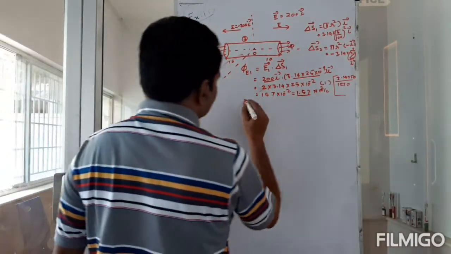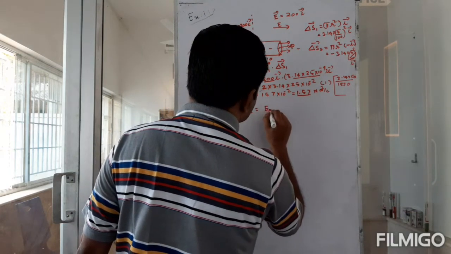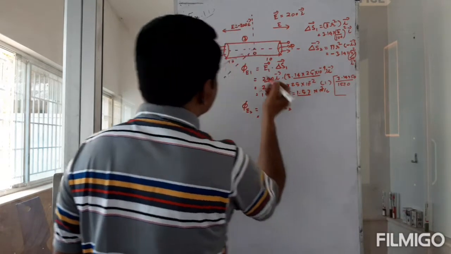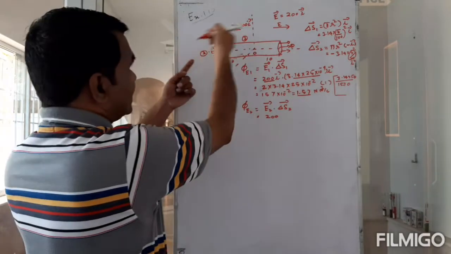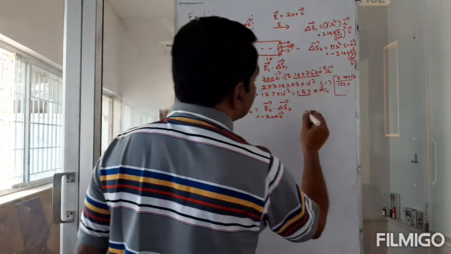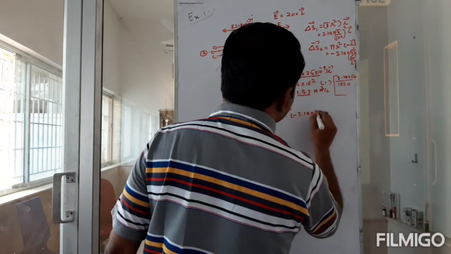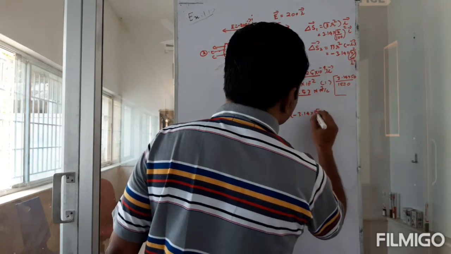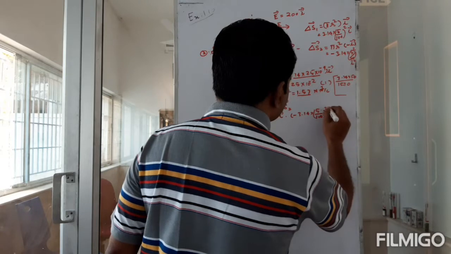And then what about phi E2? So phi E2 also equals E2 dot delta S2. So E2 is 200 in the negative I direction, so minus 200 into I dot delta S2 is going to be minus, same 3.14 into 5 squared by 100 squared, in the negative I direction.